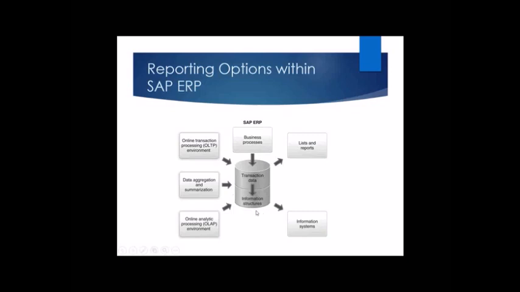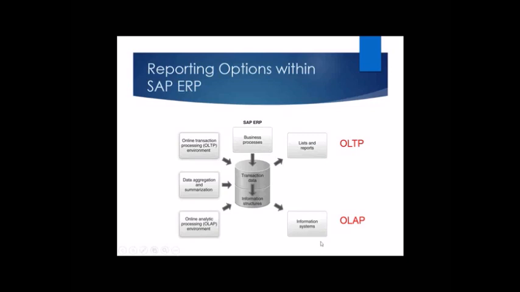We will define and try to understand these various terms as we go along in this lecture. But for now, just to reiterate, with the OLTP environment in SAP ERP, we get reporting in the form of lists. And with the OLAP environment in SAP ERP, we get reporting in the form of analytics via information systems.